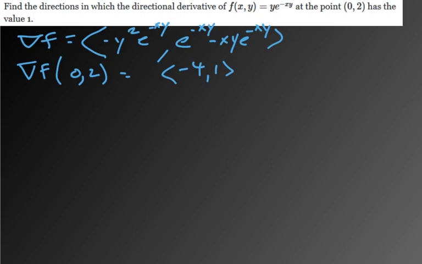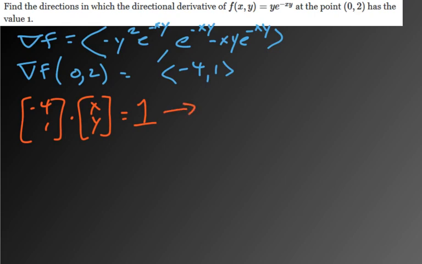All right, so what we really want is this vector dotted with some vector to give 1. But the xy vector that we're going to solve for needs to be a unit vector. From this, we get that negative 4x plus y equals 1. And this is probably the trickiest little step.